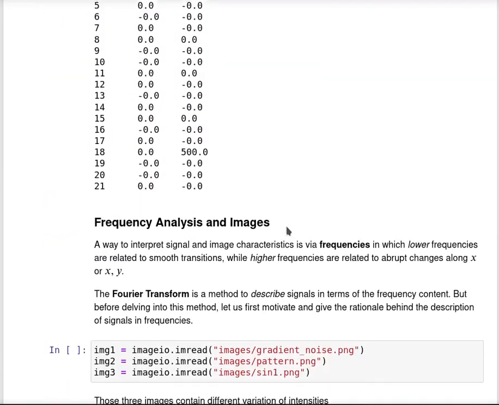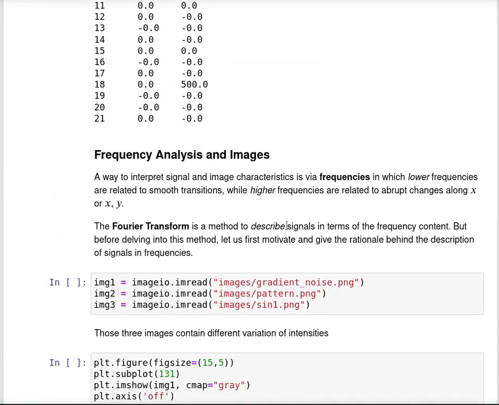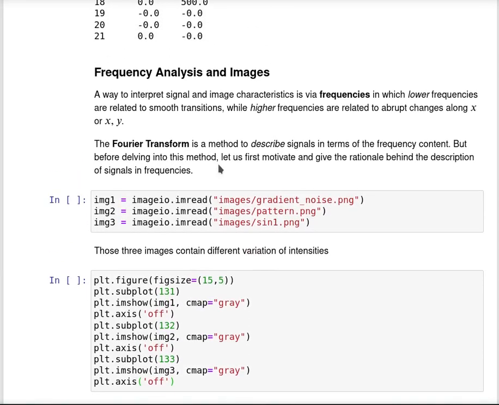But we have instead values that can vary or can have real values. What we are going to look for is that low values of frequencies are going to be related to smooth transitions, while higher frequencies are going to be related to abrupt changes along x and y.